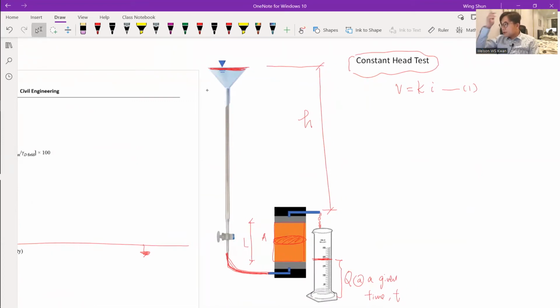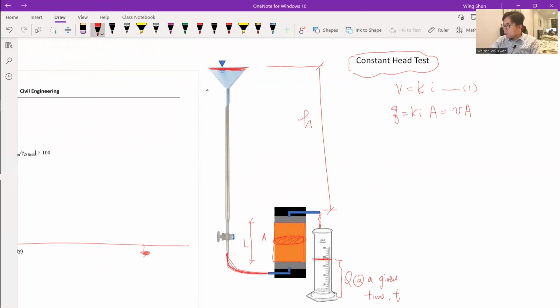This is our first formula. Again, Darcy's law is Q equals KiA, and we know ki can be replaced with the discharge velocity, so it becomes vA.